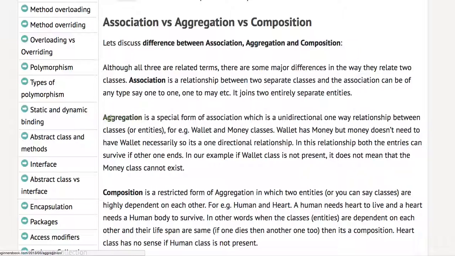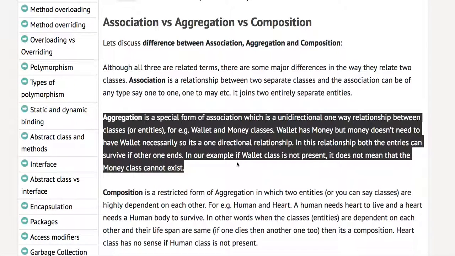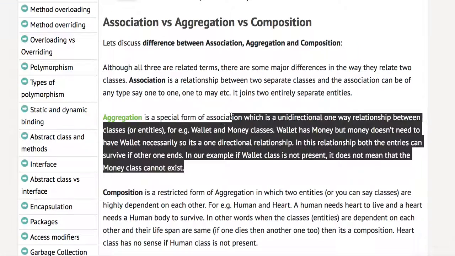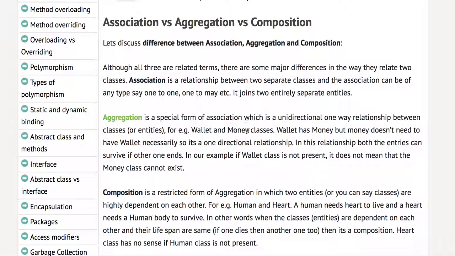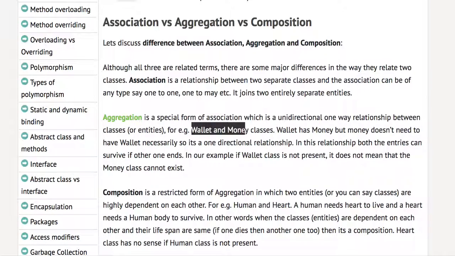But the idea here is that aggregation and composition are exactly alike, but money can exist separately from wallet, right? Like perhaps in this simulation, you could have a class suitcase, and money could be a part of suitcase, right? Or you might even just have a person who has a pocket, and that person can have money objects inside of his pocket. So it's the same idea as composition, except that the classes can exist separately.